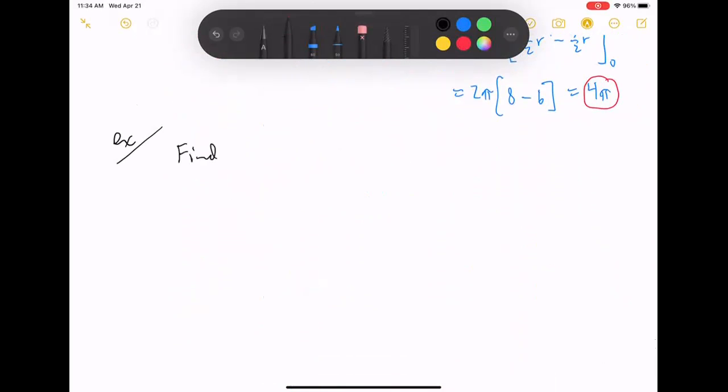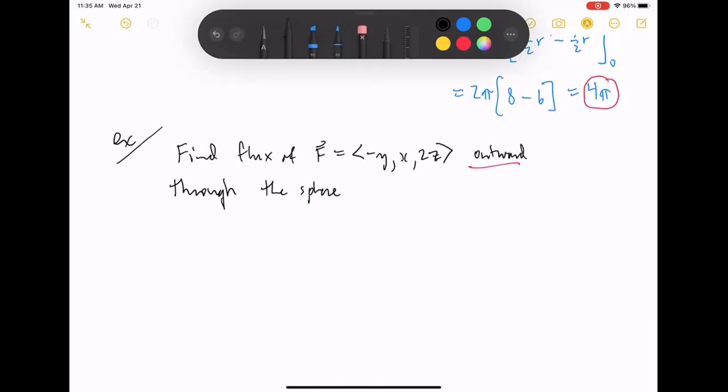Find the flux of F equal to negative y, x, 2z, outward, through, okay, so outward, that is a key word, outward, through the sphere x squared plus y squared plus z squared equals 25. Okay.